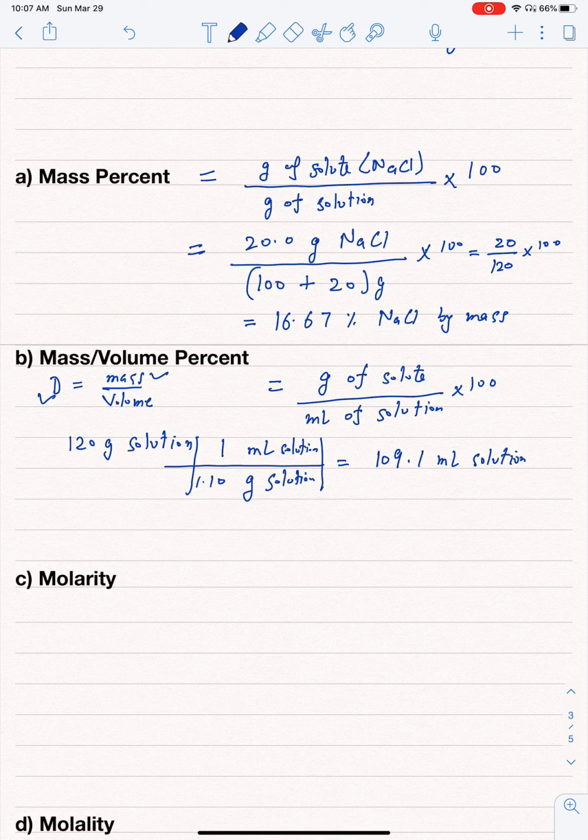Okay, we now know the mass of the solute, and we also know the milliliters of the solution. So let's just go ahead and plug it in. We have 20 grams of NaCl divided by 109.1 milliliters of solution times 100.